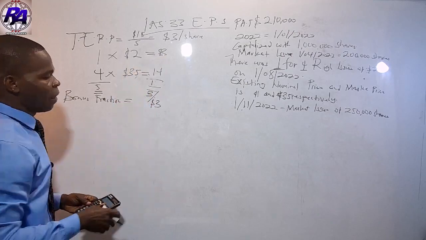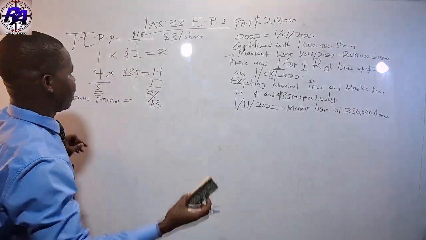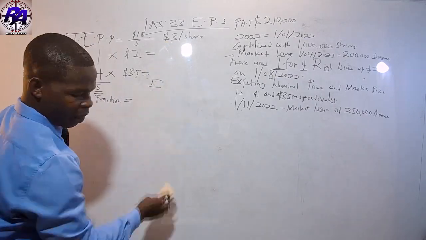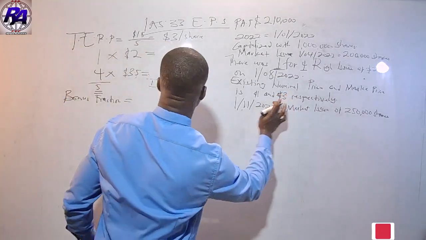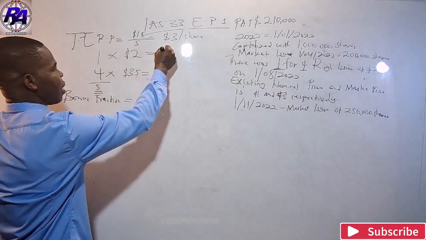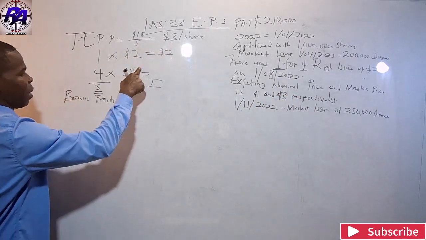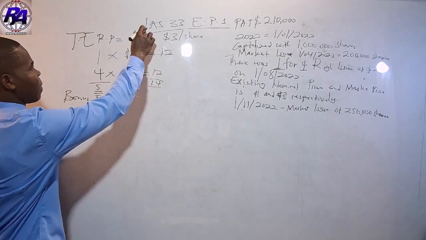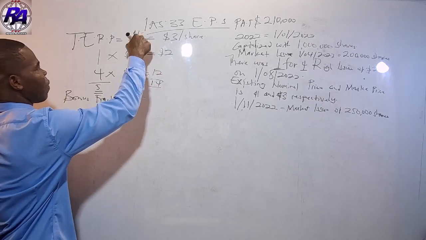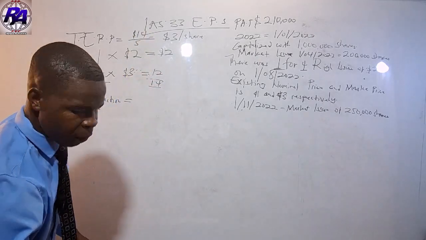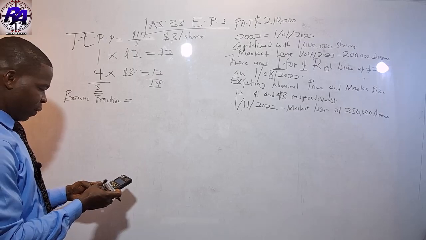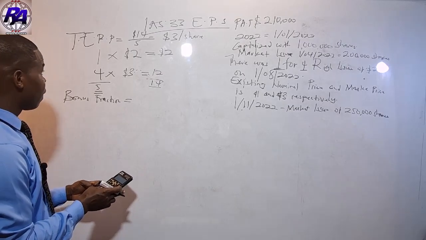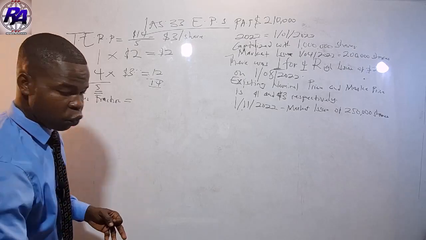I think I made a mistake earlier. Actually we are maintaining the 3. The issue is coming from me. So 1 times 2 is giving us $2, and 4 times 3 is giving us 12. If you add, you get 14, not 15. So it's actually 14 divided by 5, which is 2.8.